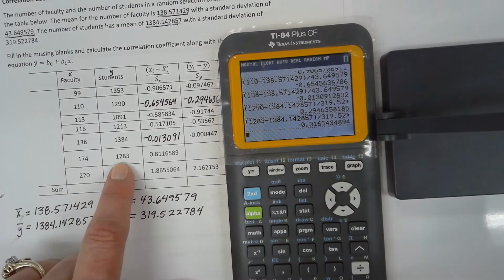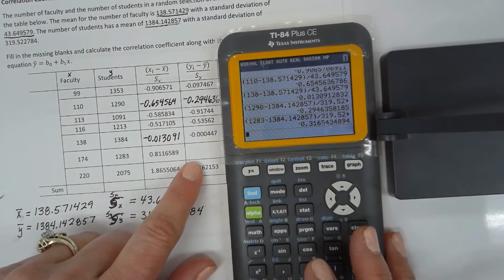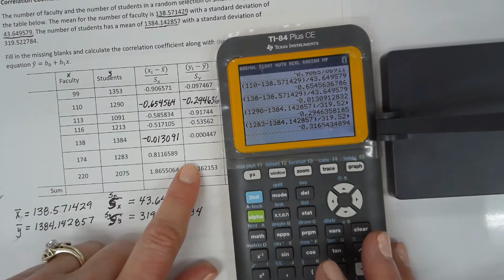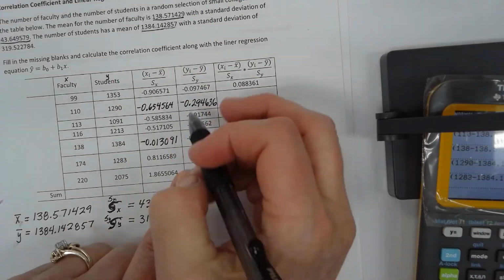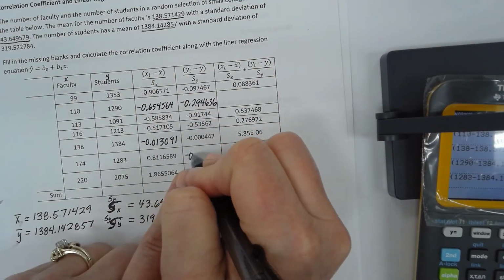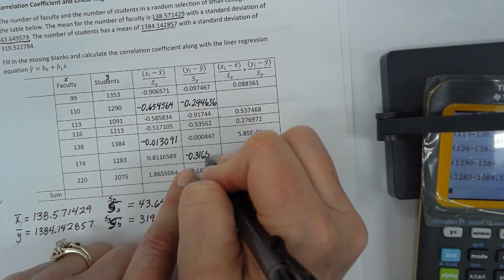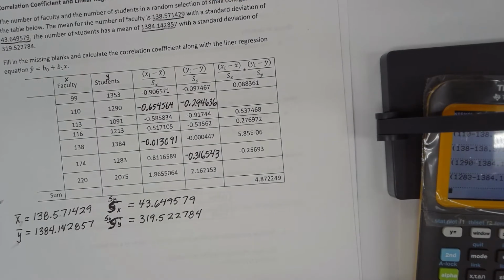You don't even have to go to the end of it to press enter. Okay, so what did you get on that one? Negative 0.316543. Good. Any questions on that?